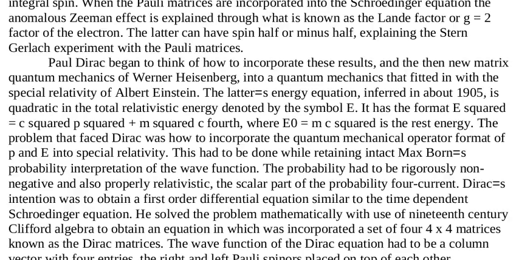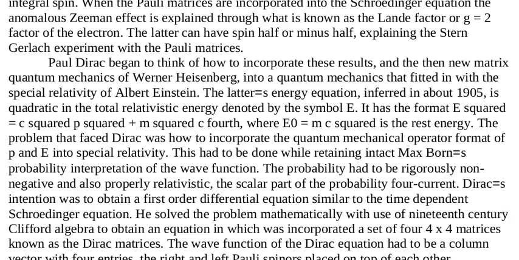This had to be done while retaining intact Max Born's probability interpretation of the wave function. The probability had to be rigorously non-negative and also properly relativistic. The scalar part of the probability four-current.